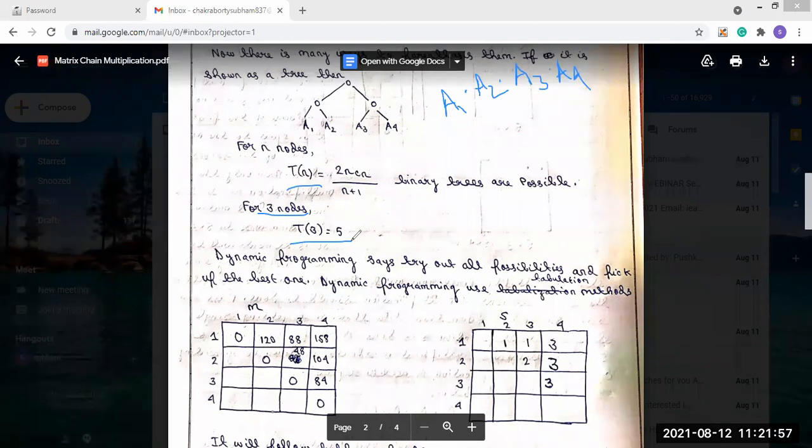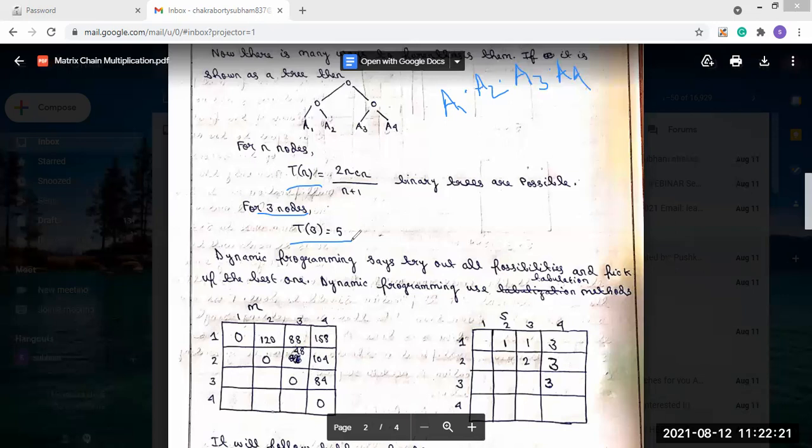Now what does dynamic programming say? Dynamic programming says try out all possibilities. That means we have to try all these 5 possibilities and pick the best one. The best one will be chosen from the 5 possible ways.